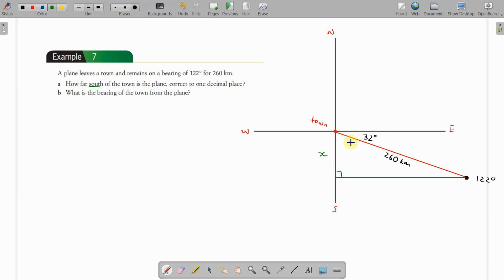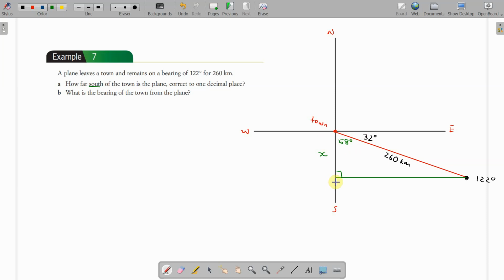The angle from the red line to the south is 32 degrees short of that, which makes it 58 degrees. So 58 plus 32 is 90. Now we've got an angle we can work with.